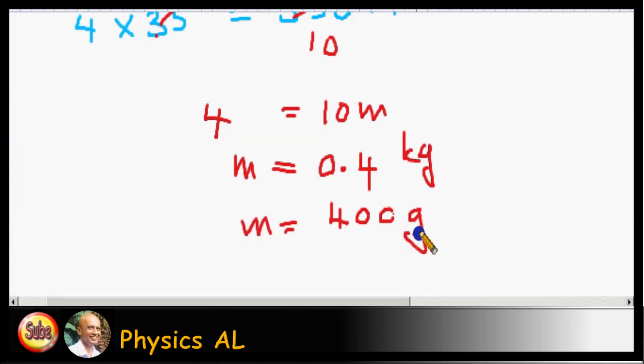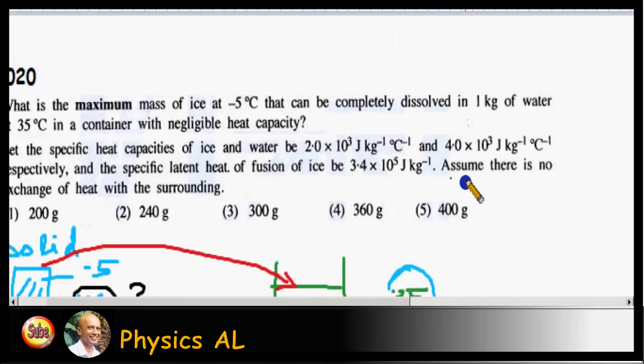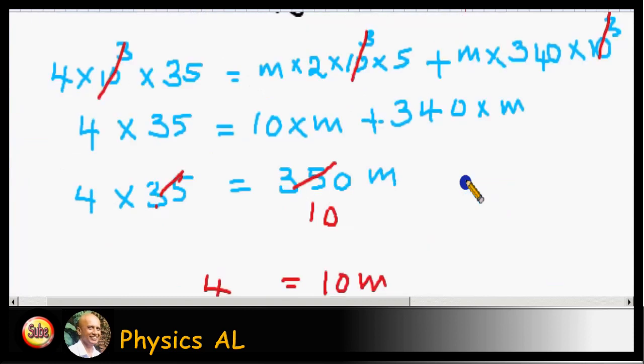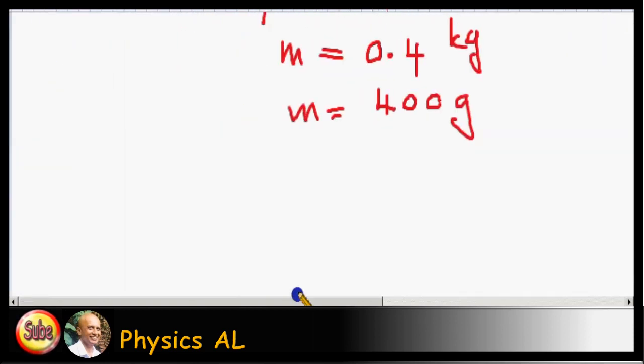When you say gram or kilogram, don't use the plural, it is wrong. The rule is all units are singular, no plural. 400 gram. If you say 400 grams, it is wrong. 0.4 kilograms is wrong. That is basic about units. If you have learned the first lesson properly, you know these things. I have heard some people, even teachers, say 400 grams, that is wrong.